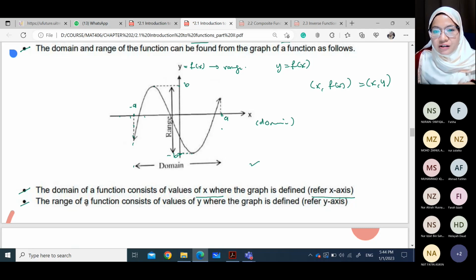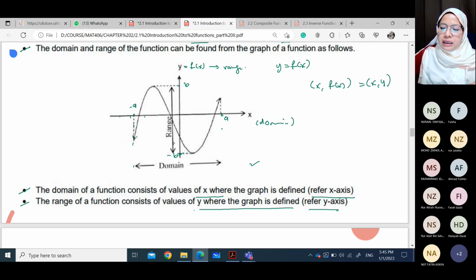Untuk yang kedua, the range of a function consists of values of y where the graph is defined. So we need to refer y-axis. So along y-axis is about values of y. So in other words, we can say that values of y is a range for this graph. Macam tu. Jelas? Boleh faham?